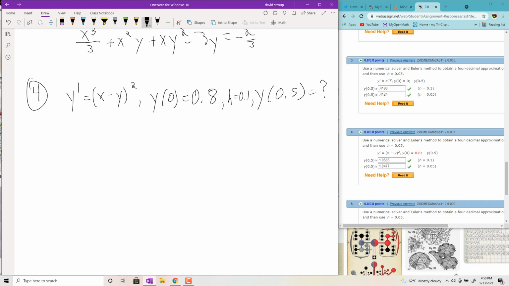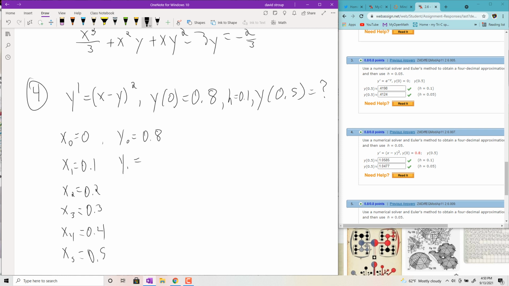Okay, so x sub 0 is 0, y sub 0 will be 0.8. I've got to go all the way to 0.5, and use 4 decimal approximations. So 0.1, 0.2, 0.3, 0.4, 0.5.